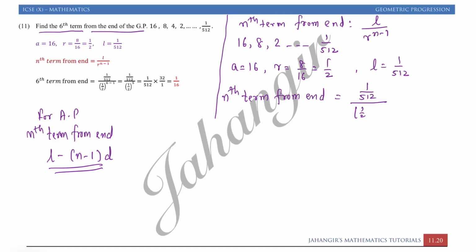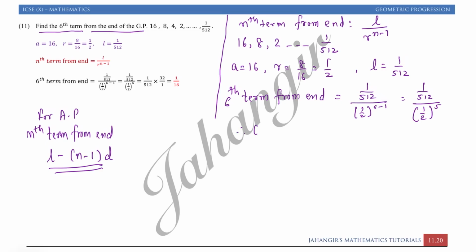R is 1 by 2. In place of the nth term I can write the sixth term, so R raised to 6 minus 1. So here I can write 1 upon 512 upon (1 by 2) raised to 5.